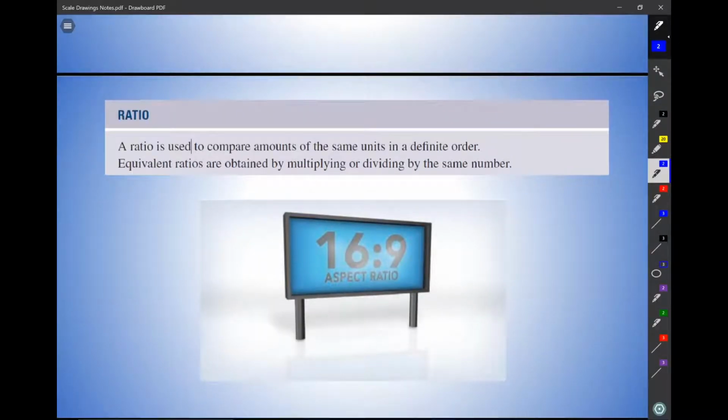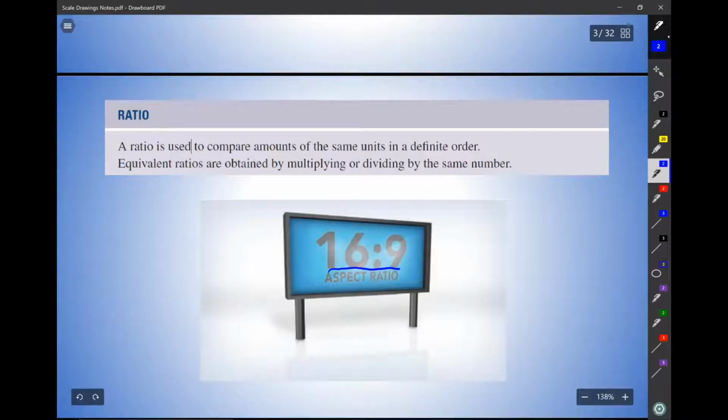The ratio that I think a lot of you might be familiar with, you may have heard, is this 16:9 aspect ratio on a widescreen TV. Ratios in general are used to compare amounts of the same units in a definite order. What that means in terms of an aspect ratio is this 16:9.